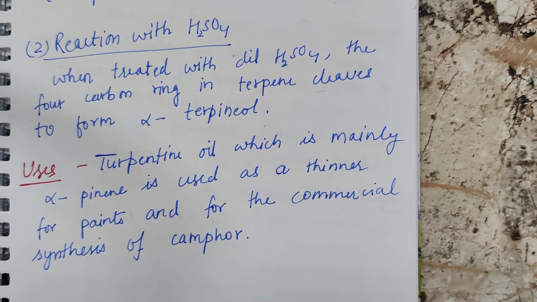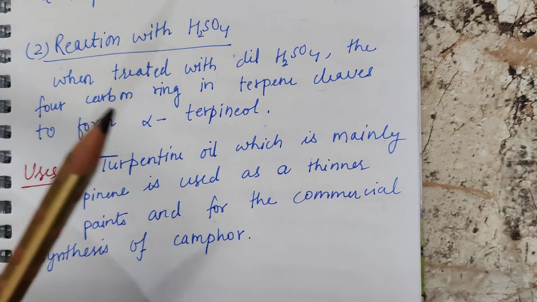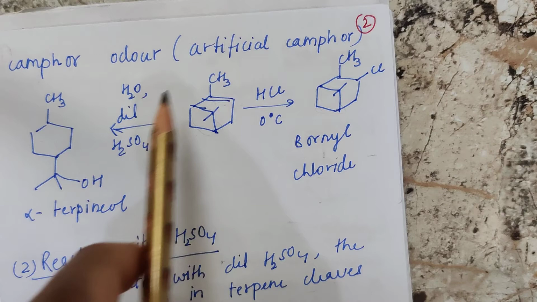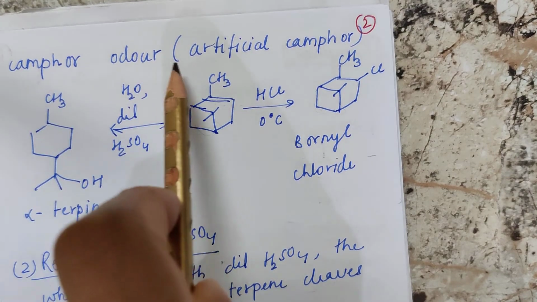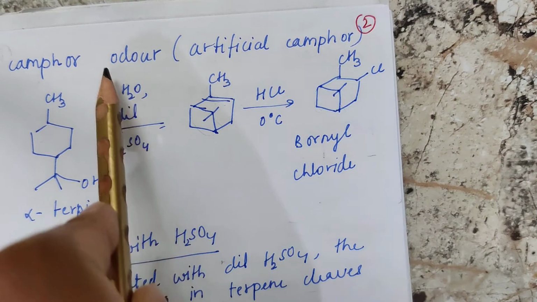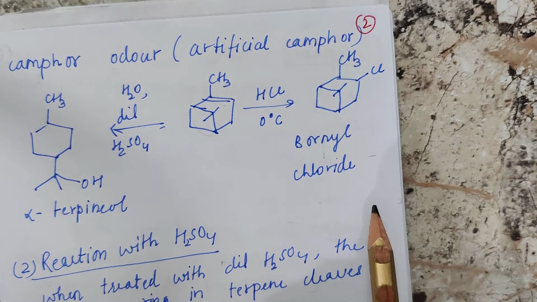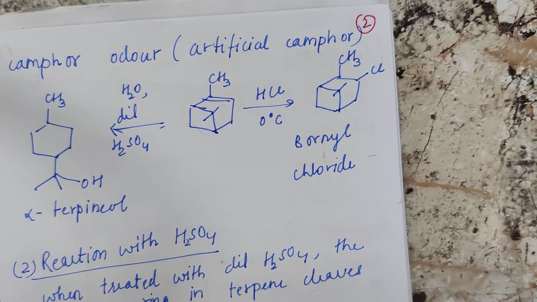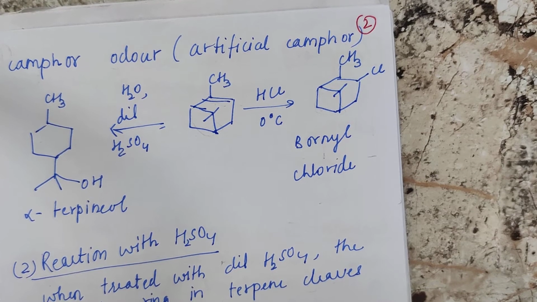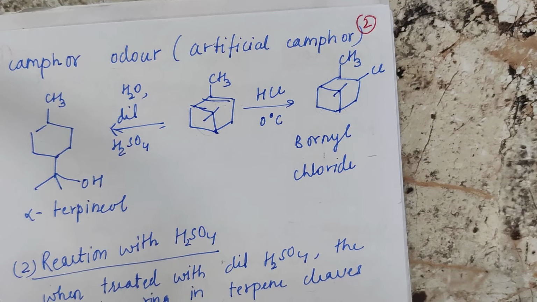Other than this, it is also used commercially for the synthesis of camphor. Here we have seen camphor odor is obtained, artificial camphor odor from the bornyl chloride. So it is used as a thinner and as well as the starting material for the synthesis of camphor.